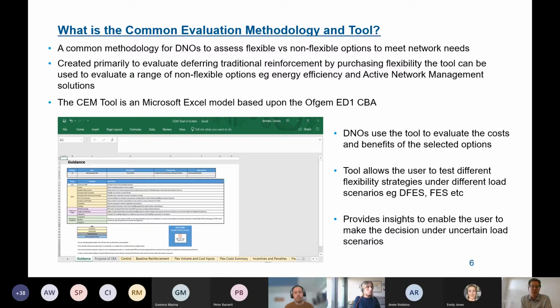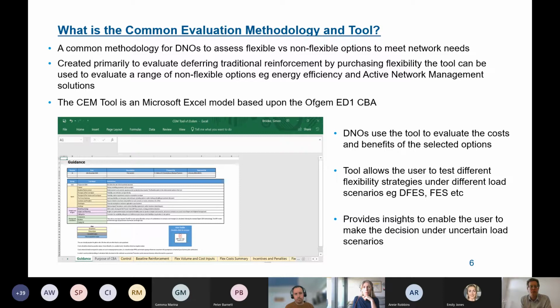When we originally started, the aim was that the tool would do the evaluation of flexibility against traditional reinforcement, but we realized that the tool can actually be used to look at other non-flexible options like energy efficiency and active network management. And the website holds a number of use cases which pick up those other non-flex options.